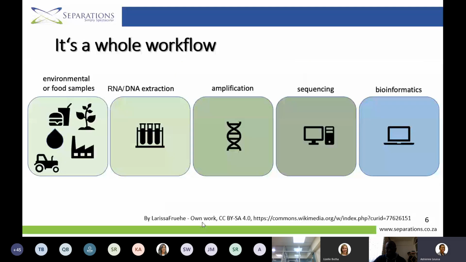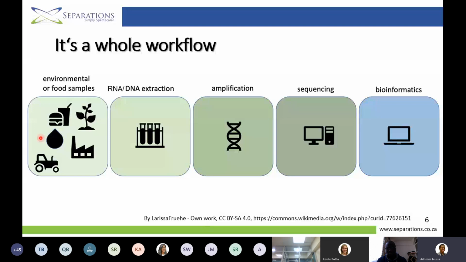Okay, so once we have our samples, I'm not going to elaborate on sampling and experimental design, but definitely you want to consider that in terms of what the goal of your study will be, so that when you do have the results, you're able to infer that back onto the source of your samples.